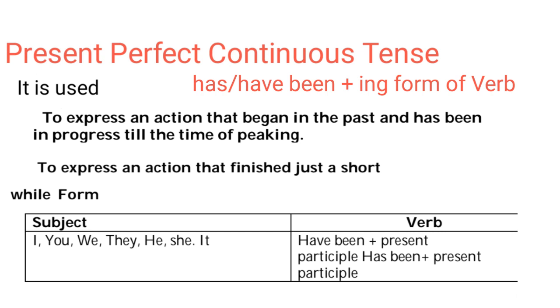It is used to express an action that began in the past and has been in progress till the time of speaking. That means an action which started in the past and is still progressing till the time of speaking. Such kinds of actions can be written in present perfect continuous tense.